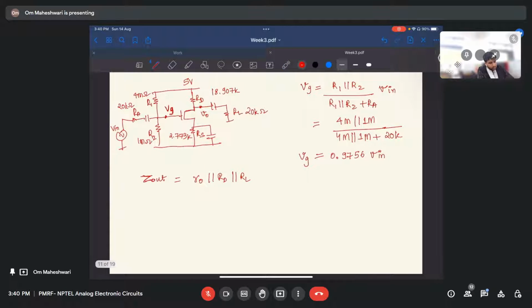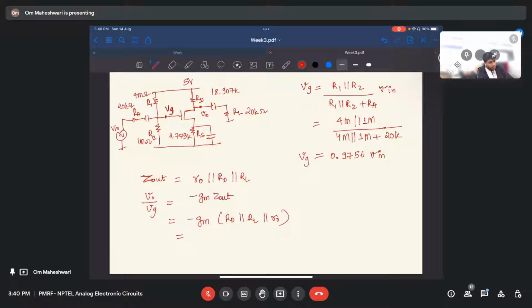So our gain VO by VG equals minus GM Z out, equals minus GM times RD parallel with RL parallel with RO.